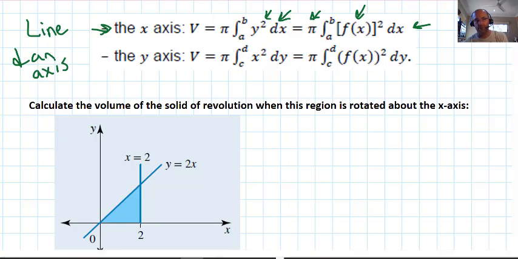Now likewise we can take it around the y-axis as well, and I'll show you one of those. In the second example, just because I like things consistent, I'm going to make that a square bracket there. We do the same thing, but it's x squared dy. Okay, now I need to show you how to do that later in the video.